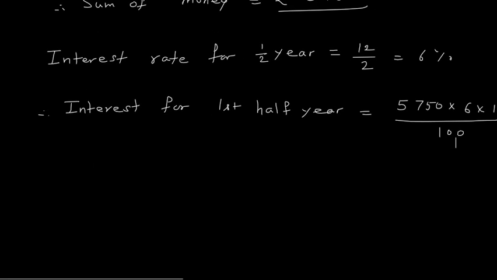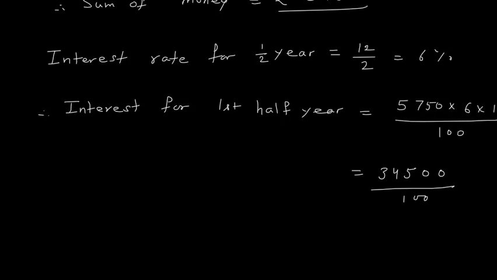So this will come out to be, now I will multiply by 6. 6 0s are 0, 6 5s are 30, 3 carry, 6 7s are 42 plus 3 is 45, 4 carry, 6 5s are 30, 30 plus 4 is 34, divided by 100.